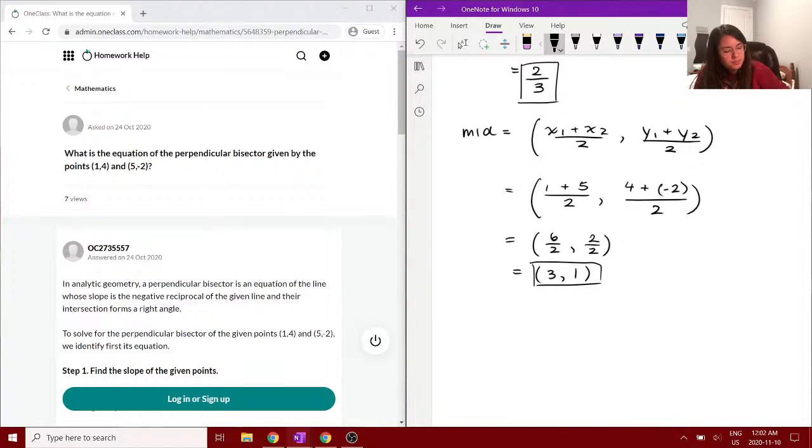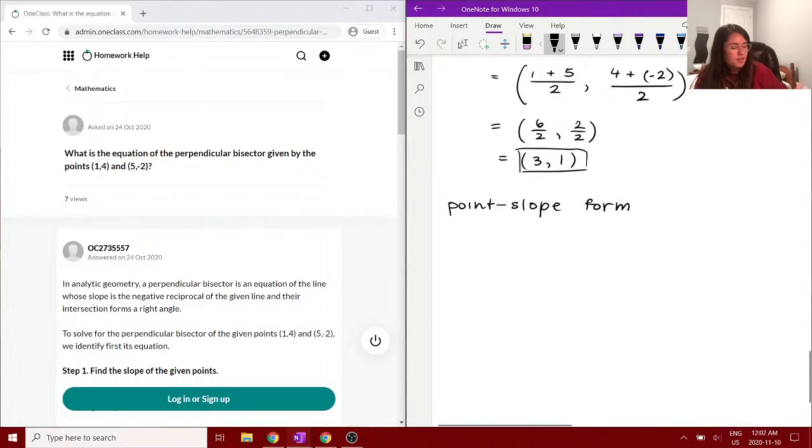So in order to sub this into the point-slope formula for the equation of a line, we know that y minus y1 is equal to m times x minus x1.